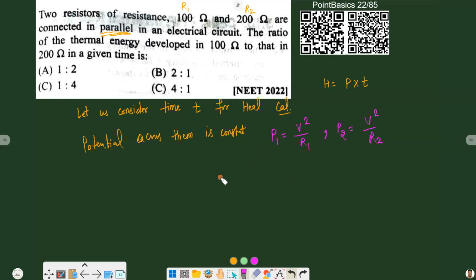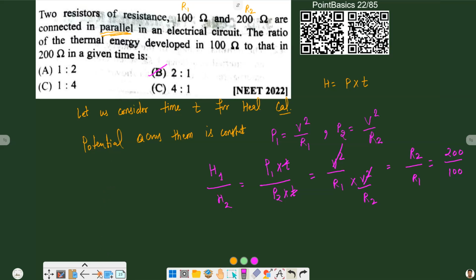Now if we write the ratio of their heats, H1 by H2 will be equal to P1 into T divided by P2 into T. T gets cancelled on both sides, and we have P1 by P2, where P1 is V square by R1 and P2 is V square by R2. V square gets cancelled and we are left with R2 by R1, and R2 is 200 and R1 is 100, so the ratio will be 2:1. Option B will be the right answer.